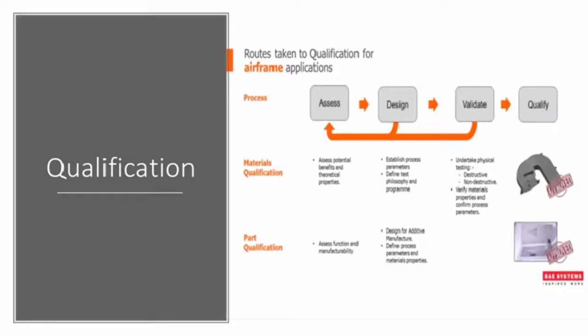Within BAE Systems, there are two approaches that have been adopted in qualifying and certifying products: full material and process qualification versus part-by-part qualification. For the SLS nylon-based powder bed ALM process from the example previously shown, BAE Systems have a full materials and process qualification that is governed by their own internal processes.